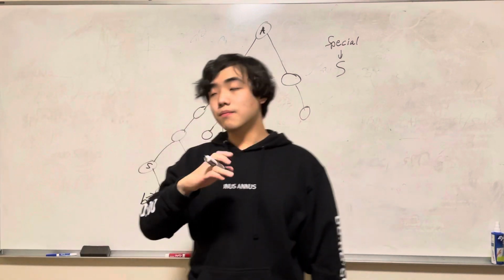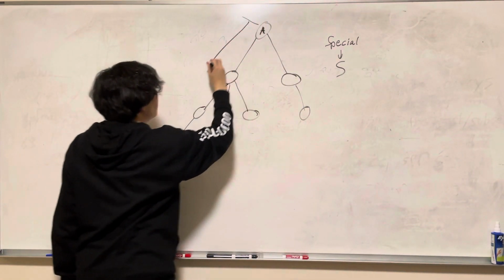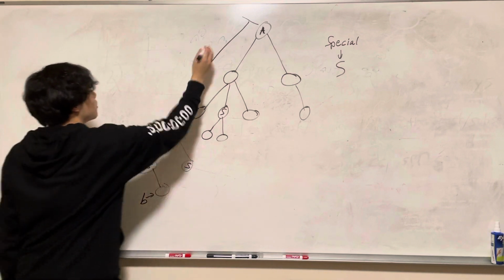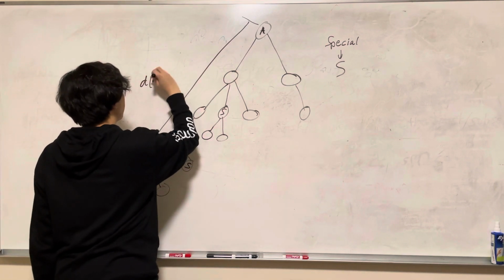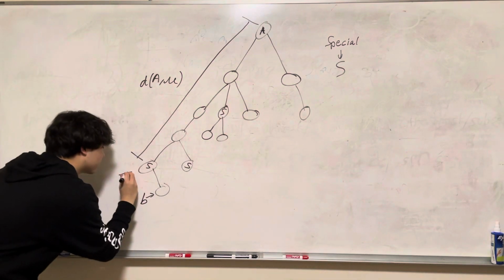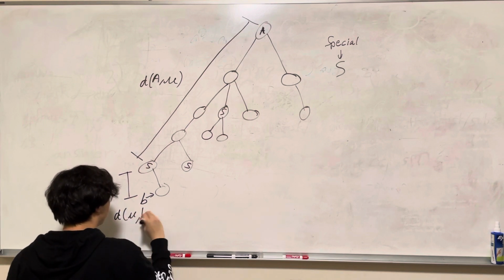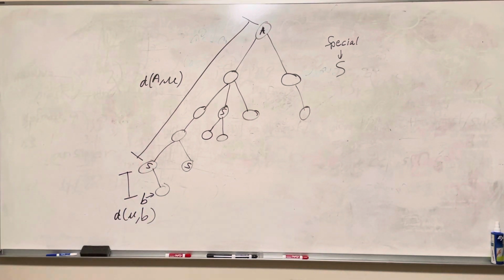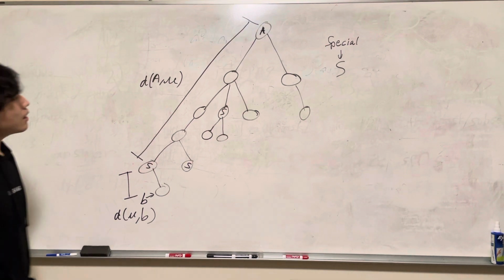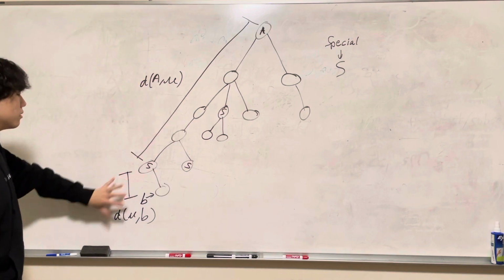And so that's the second case we care about. In this case, this length over here is d of A to U, and this length over here is d of U to B. Notice that the quantity we care about is going to be this number minus this number.